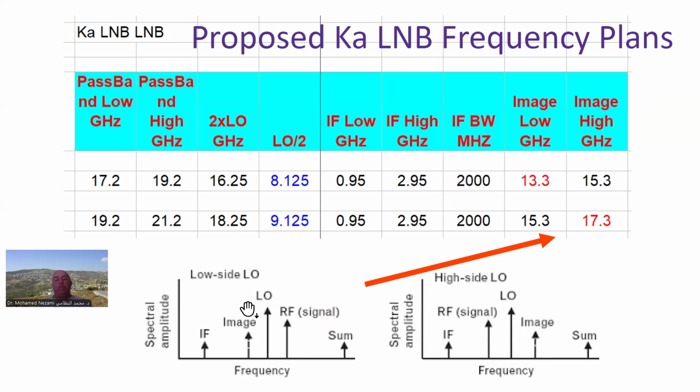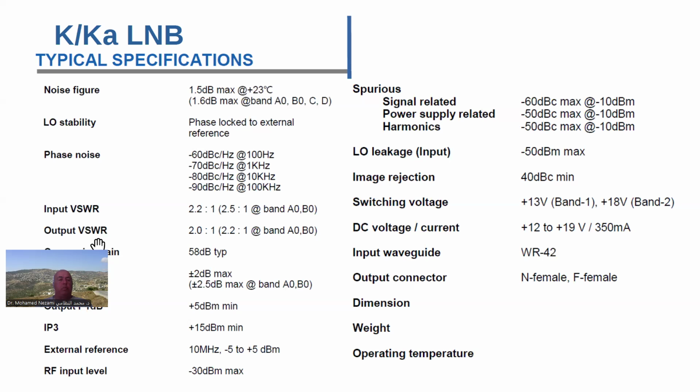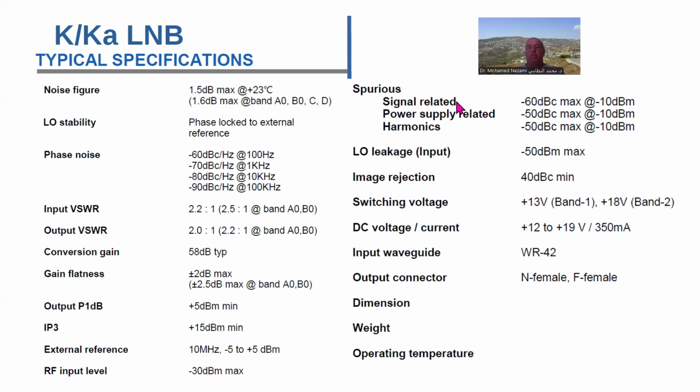Okay, so that's what the image frequency means. You can go back to some of these basic receiver books, and they will show you the significance of all of these things.